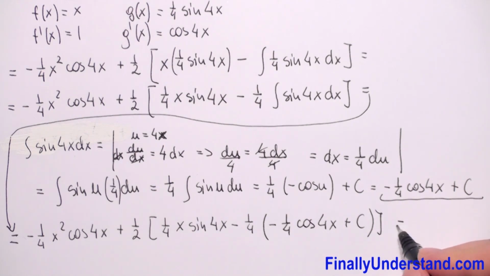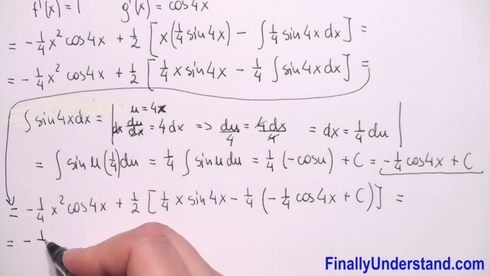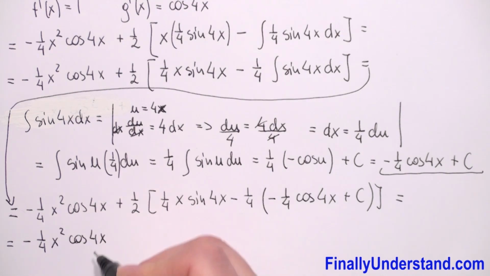Close brackets. This is equal, and we have negative 1 over 4x squared cosine 4x.